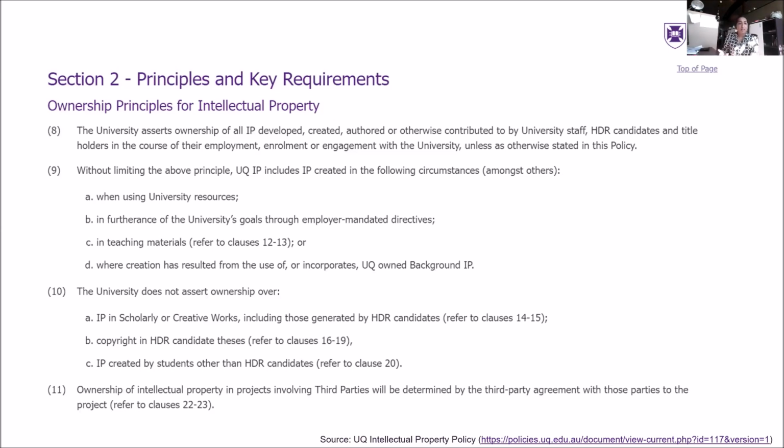However, you can also see that in clause 10, it says that the university doesn't assert ownership over IP in scholarly or creative work, including those generated by HDR candidates. So there are carve-outs, and that's why I say it is worth having a look, as it might be different than what you expect. You'd then have to look at what scholarly or creative works means, and so on and so forth, but they don't all necessarily take a standard form.